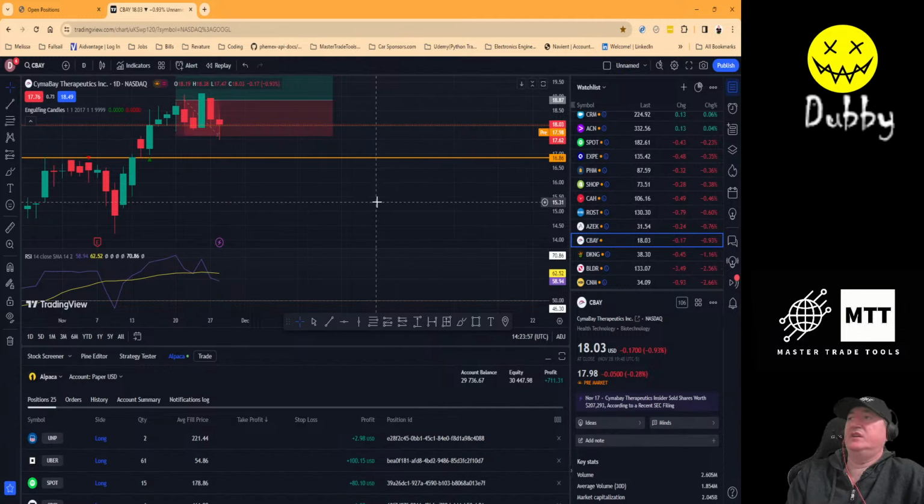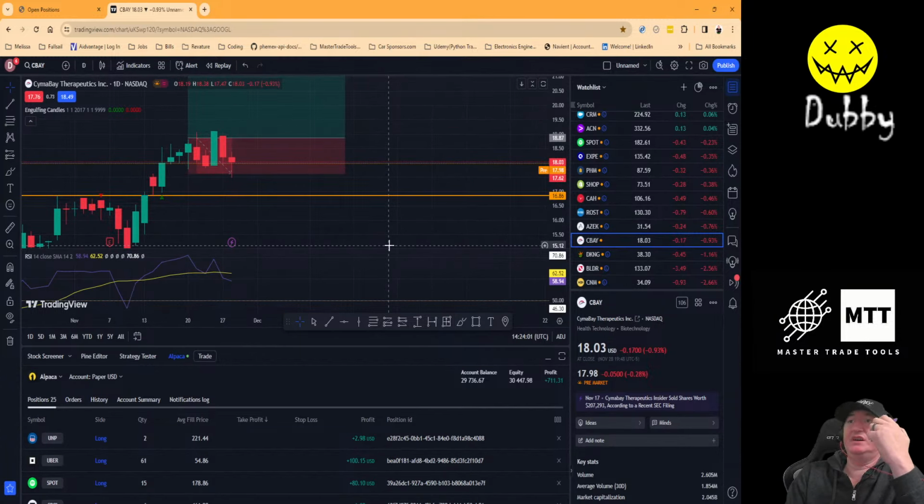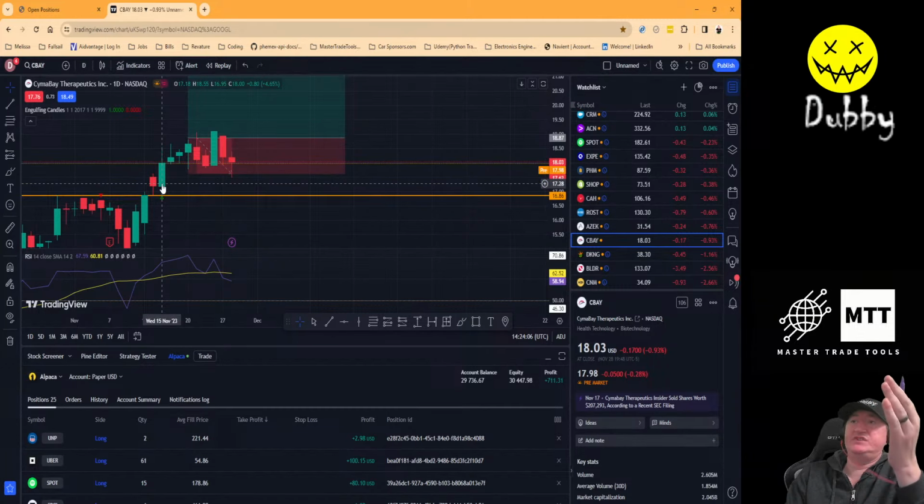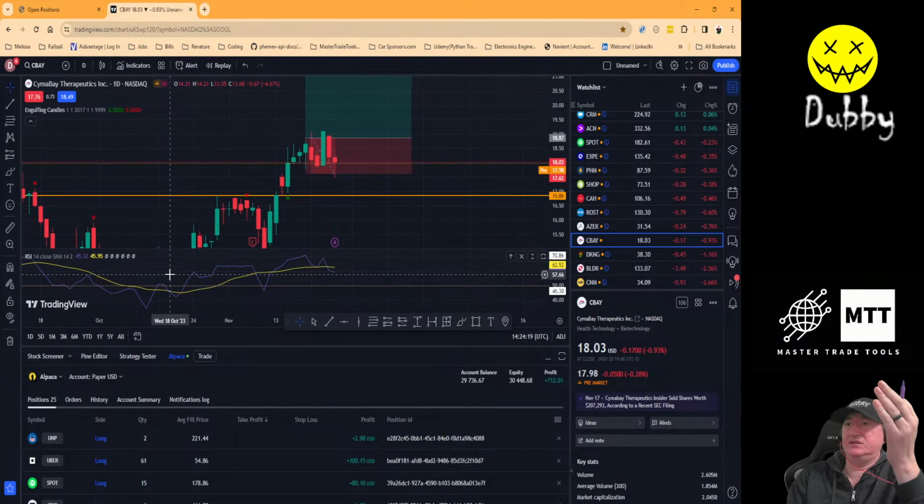CBay, this is one that I kind of expect we're going to get stopped out on because as you can see, we had a bullish engulfing candle right here, but then we started, it doesn't quite look like it's going to be a reversal yet because we're not making lower highs.